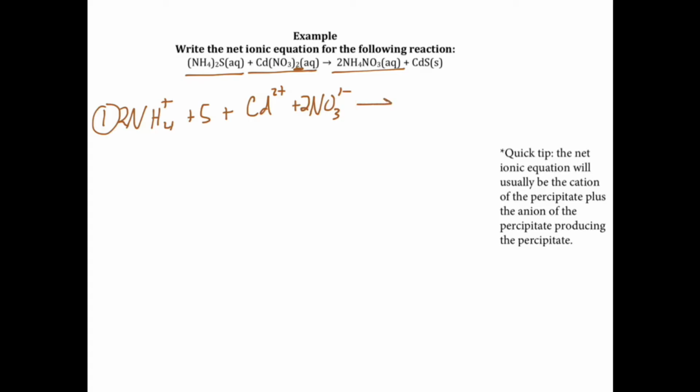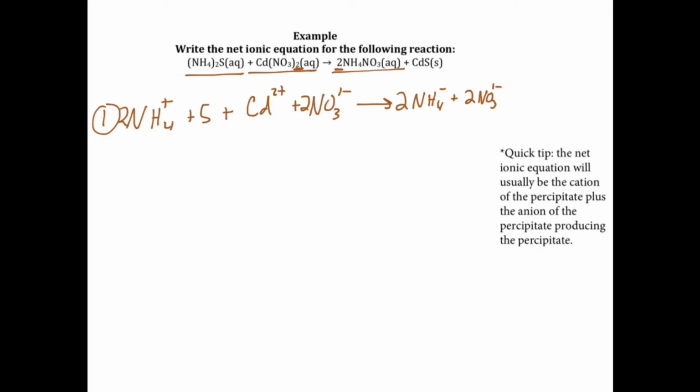And then this is aqueous, so we show those dissociated in the solution. Notice there's a 2 here, so that 2 applies to all of them, so we have 2 ammoniums plus 2 nitrates.